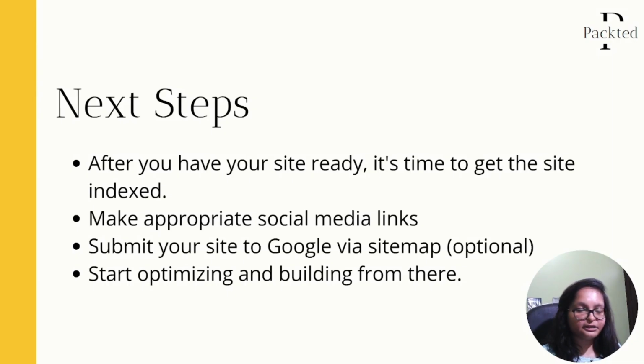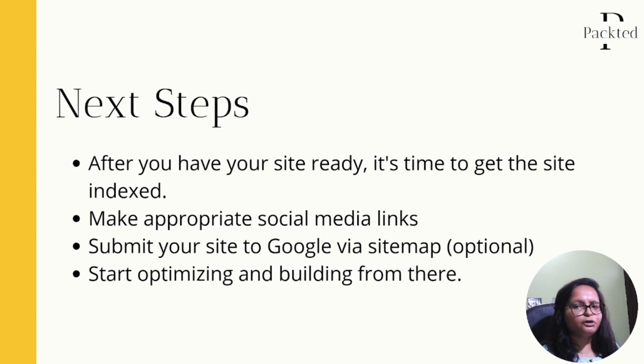So the last thing that we are talking about are the next steps. After you have your site ready, it's time to get the site indexed. Like I told you before, you have to untick that option that discourages the search engines from crawling your site. And you have to make appropriate social media links. These are mainly the foundational links of your site.